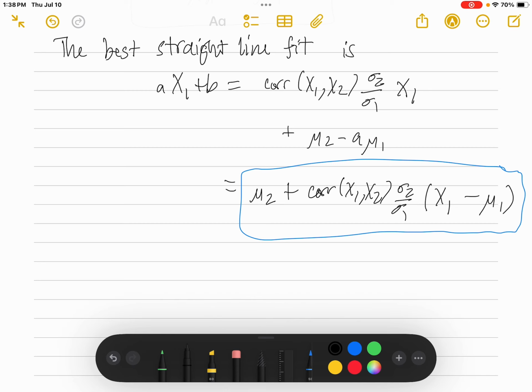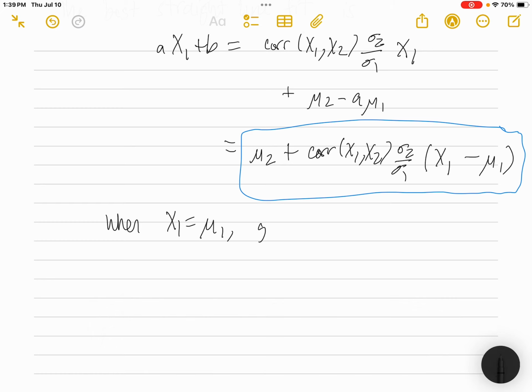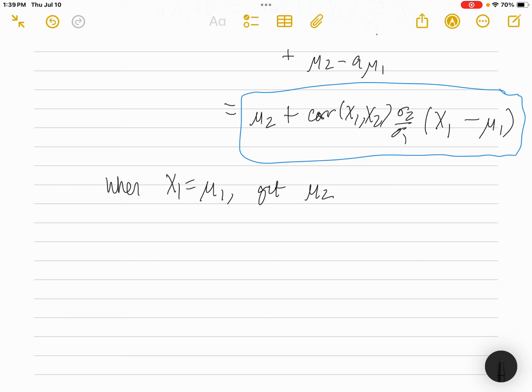Now, if we think of x1 and x2 as variables, like x and y, then notice that when x1 is mu1, you get mu2. So this linear function sort of goes through the point. If this were a line, it would go through the point mu1, mu2.